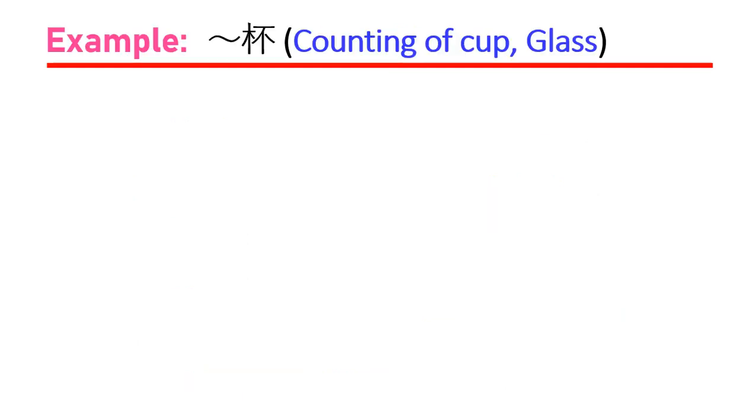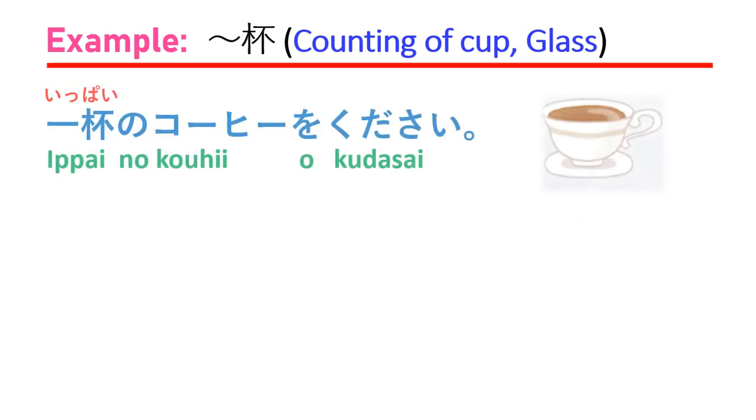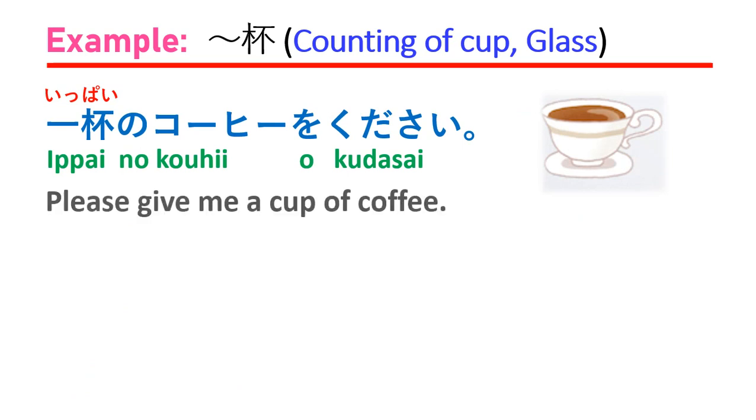So now let's see some samples of how to use the kanji of hai to count cups and glasses. The first sample. 一杯のコーヒーをください。Which means, please give me a cup of coffee.